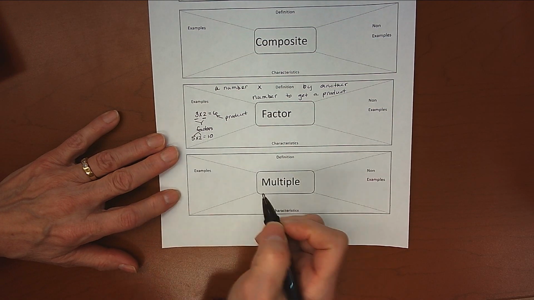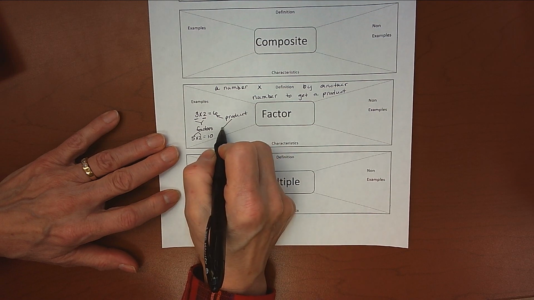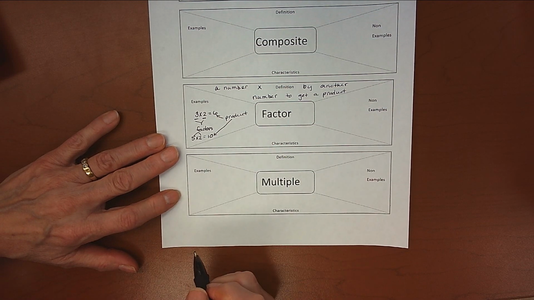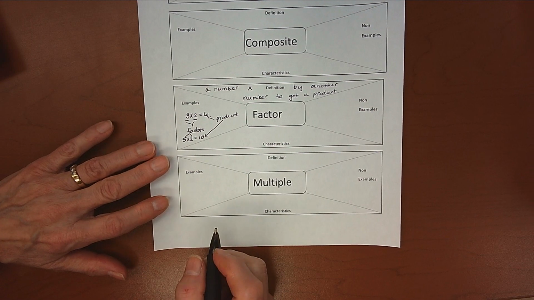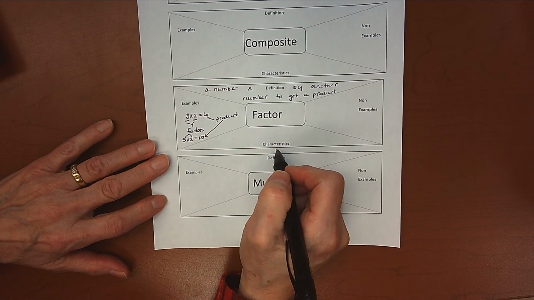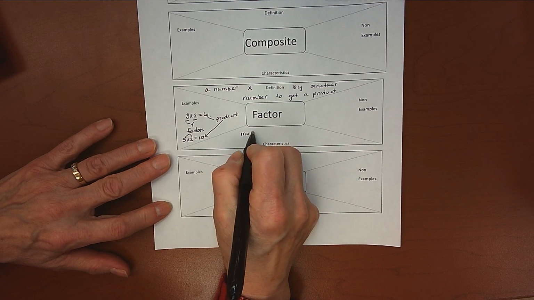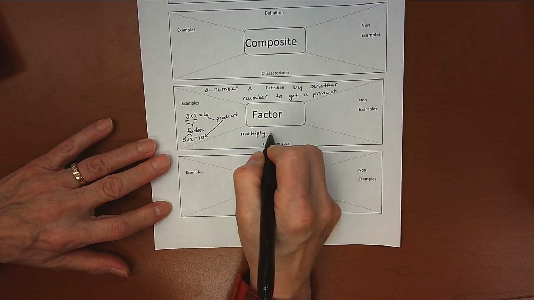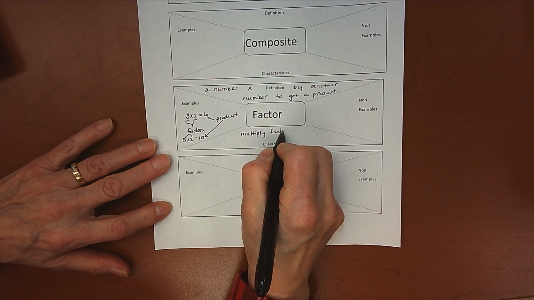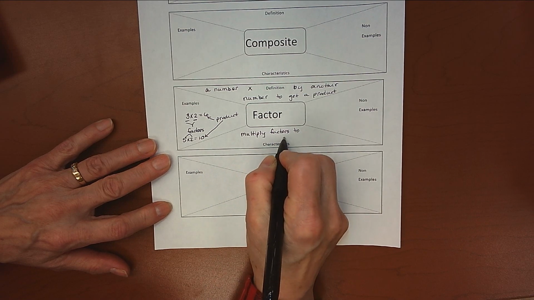Again, these two numbers are our factors, and 10 then is our product. So some characteristics of factors is that we multiply the factors to get products.